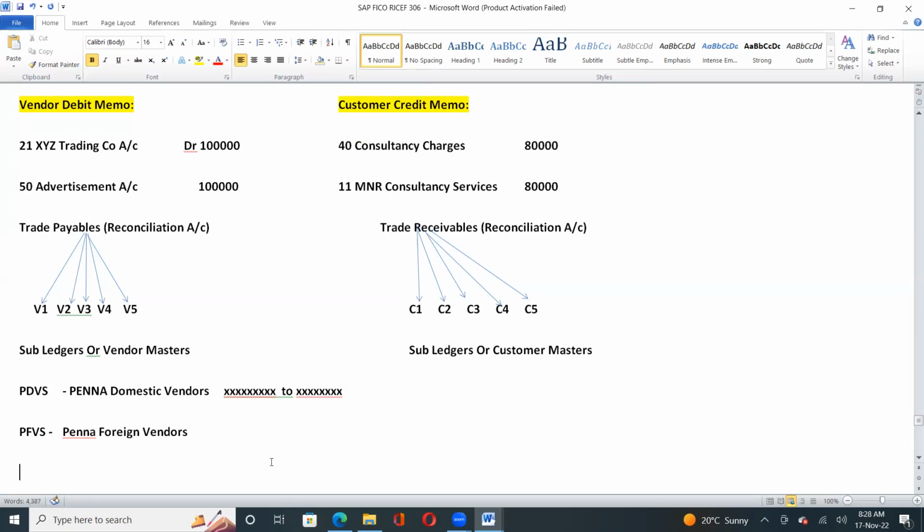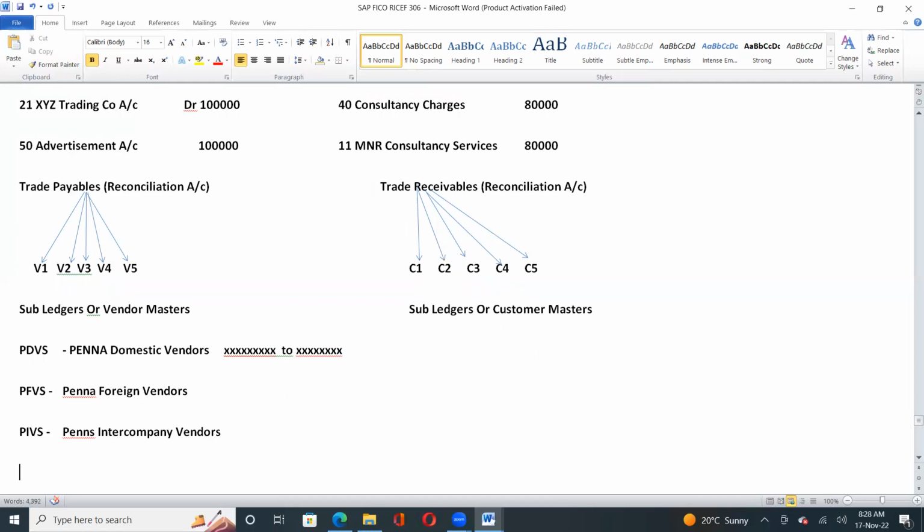Next one, intercompany vendors. Penna intercompany vendors.